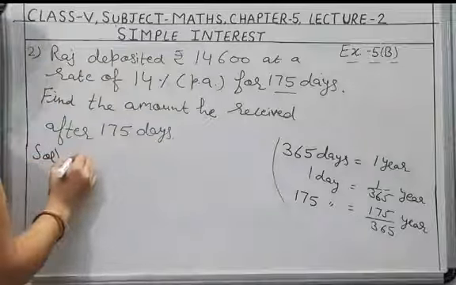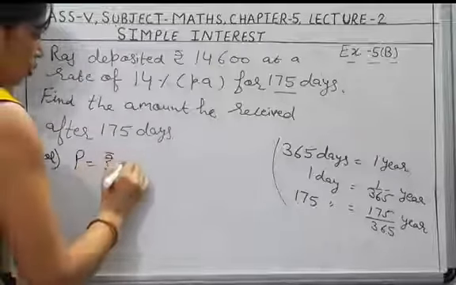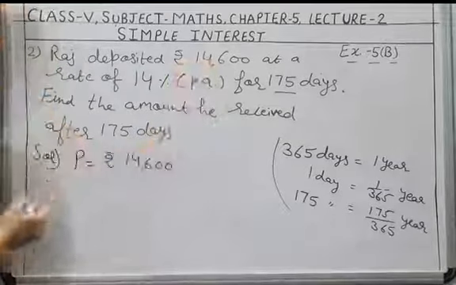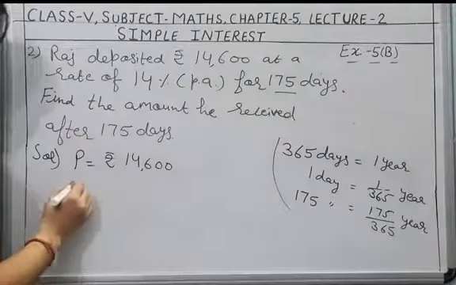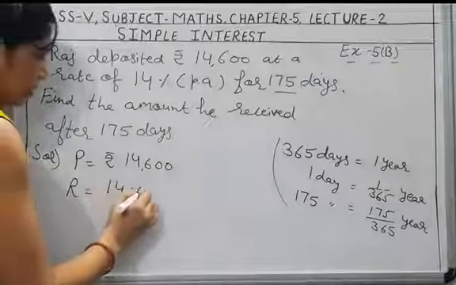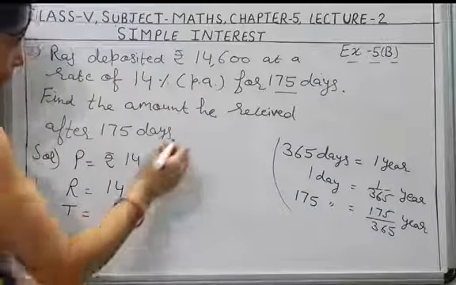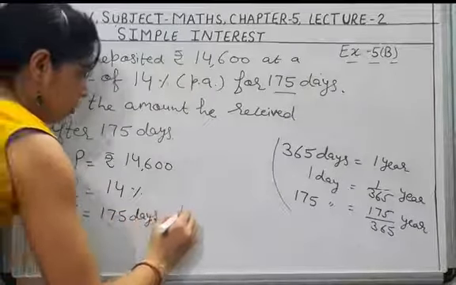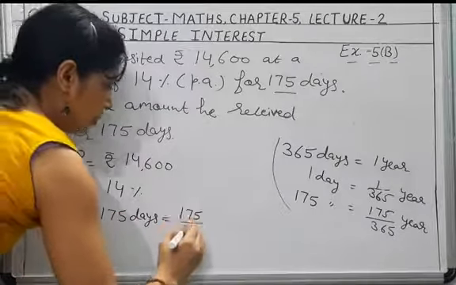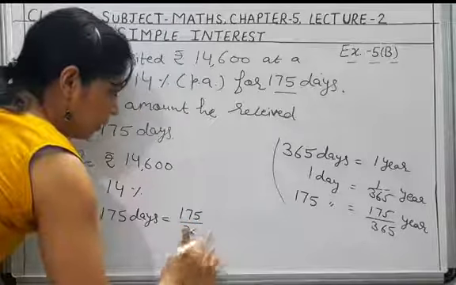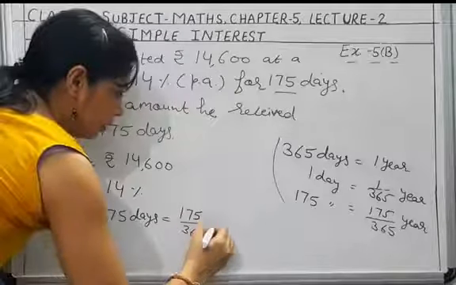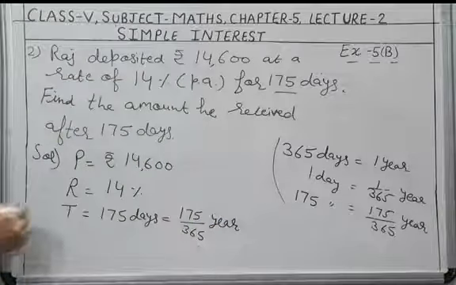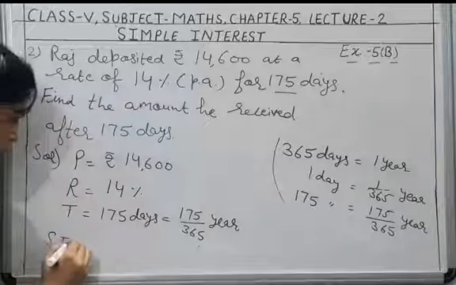So principal is given to us rupees 14,600. Okay, and then rate is given 14%. Time is 175 days, which is equal to 175 upon 365 year. Right, now we have to calculate simple interest.